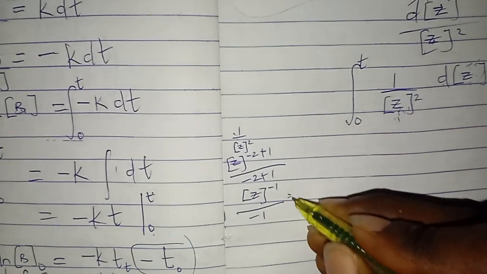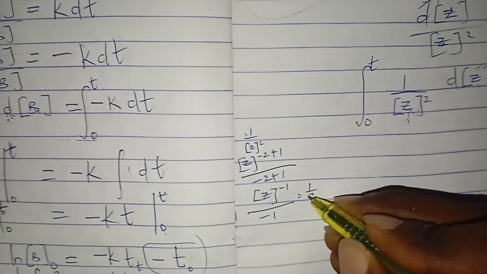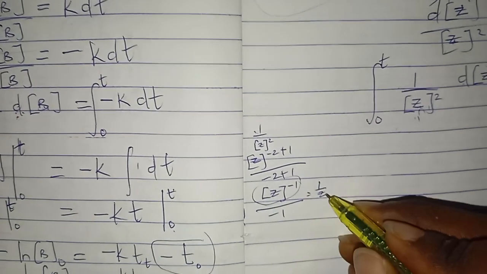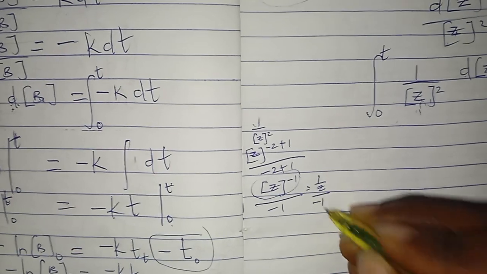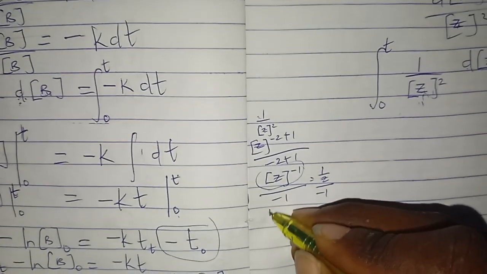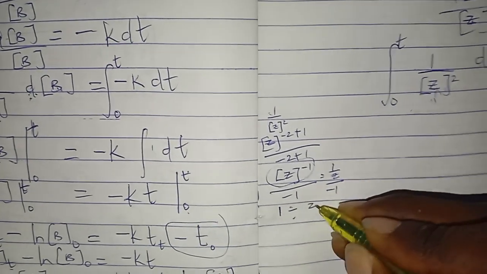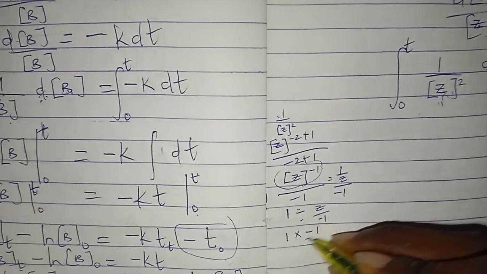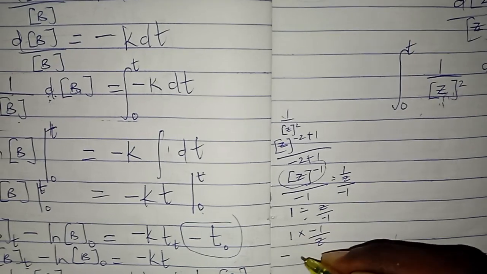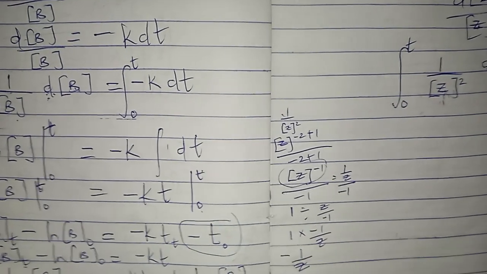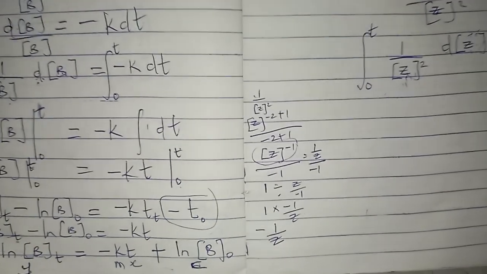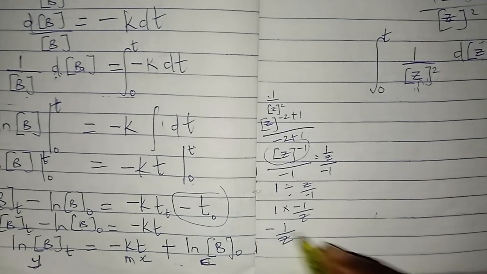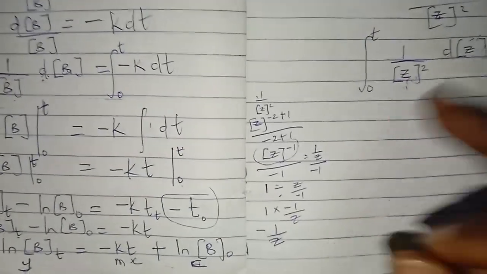And anything like this is the same thing as saying 1 over z, and it's having -1. Now indices gave us that this is the same thing as saying 1 divided by z over -1. This is the same thing as saying 1 times -1 over z. This becomes -1 over z. So I will carry -1 over z and put here. That is the integral.